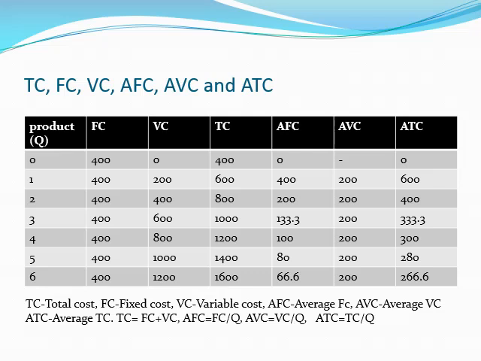The product equals 0, FC as emphasized before equals 400, it is constant. Now VC is 0, of course, because production equals 0. Total cost equals 400, there is no AVC, AFC equals 0, and ATC equals 0.